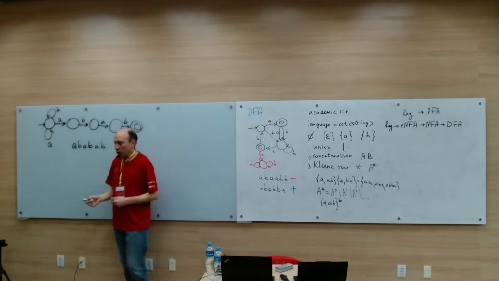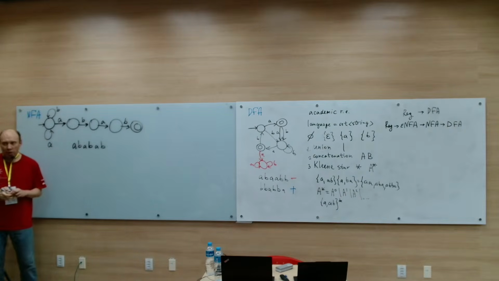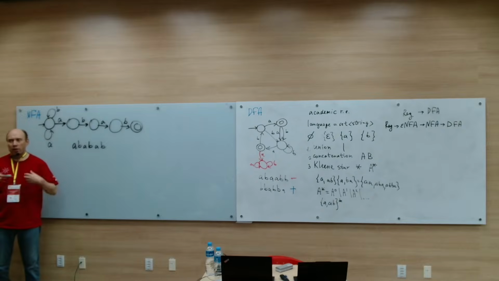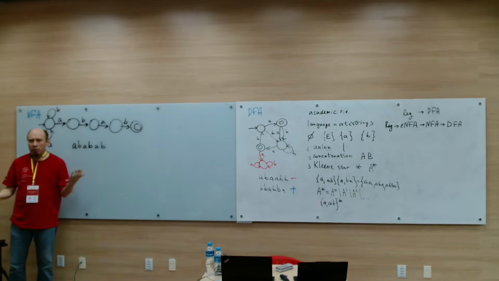So when you have the choice, if there is at least one choice that leads to acceptance, then you accept. If all the possible choices lead to non-accepting states, then you do not accept.